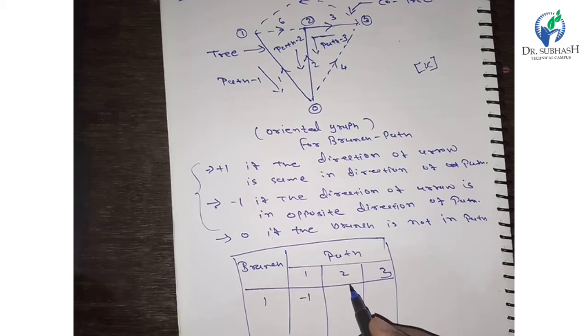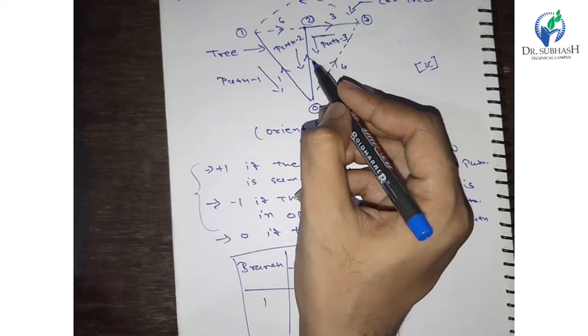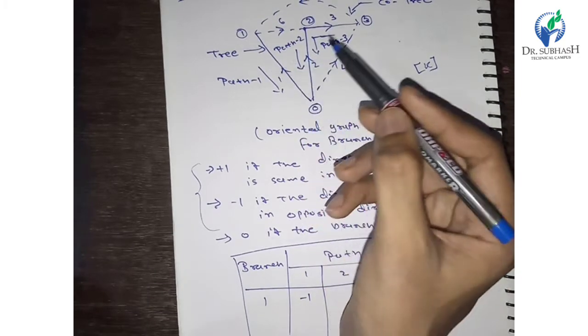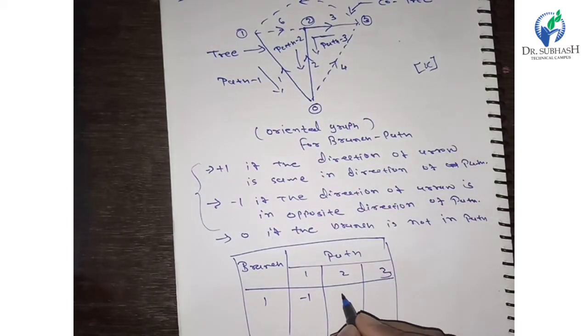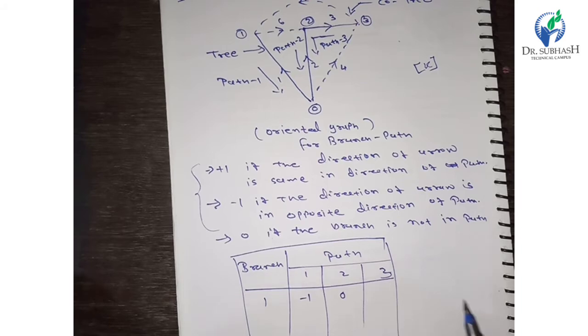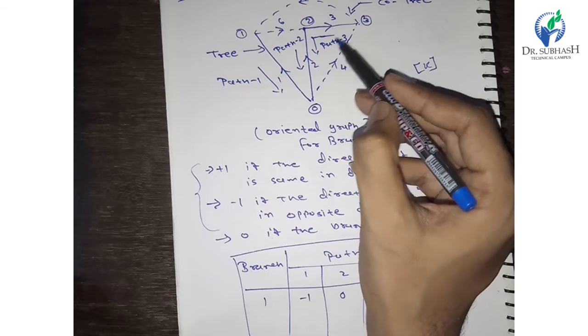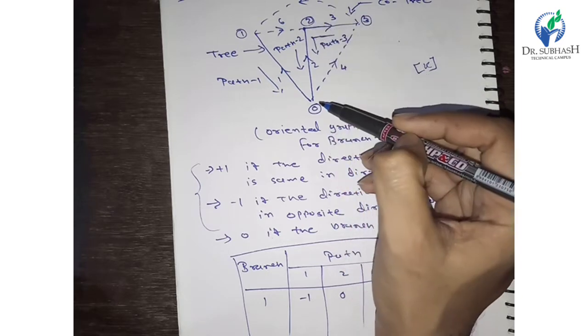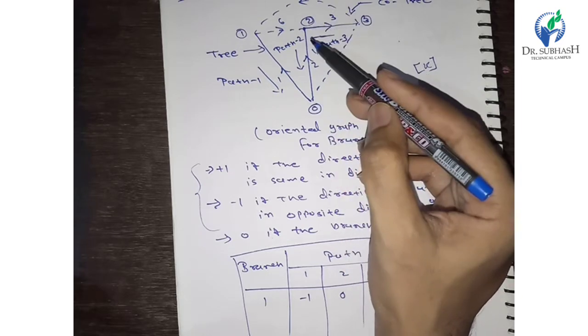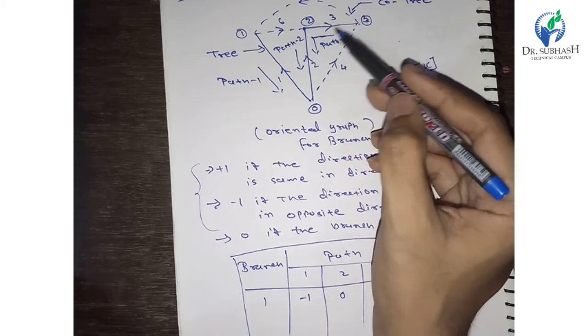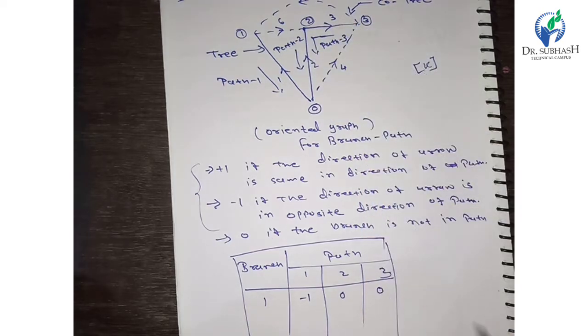In path 2 there is no connection with branch 1, so the value is 0. In the same way, path 3 is connected between node 3, node 2 and 0. Branch 1 is not connected with them, so the output is also 0.